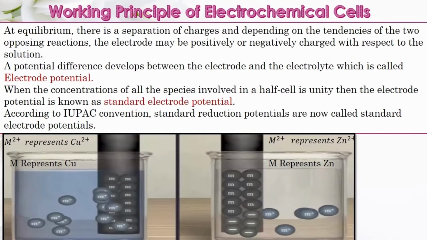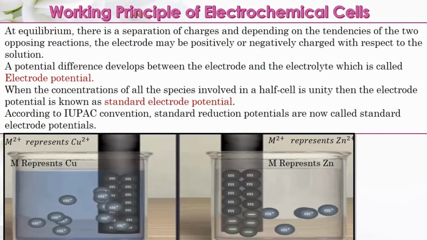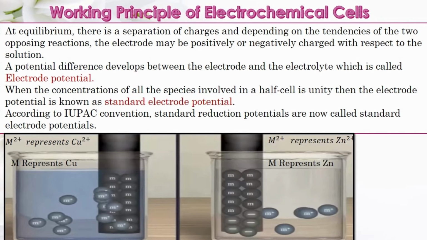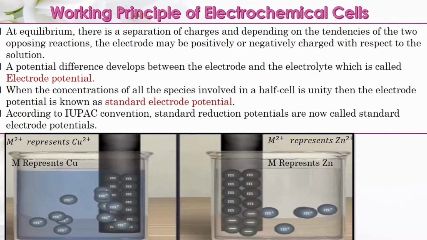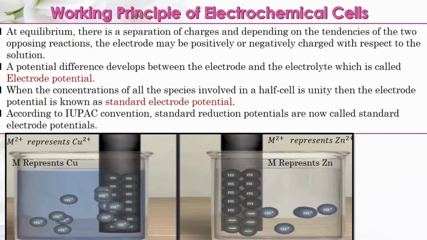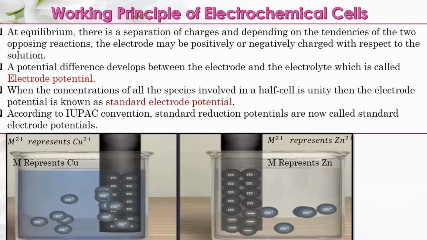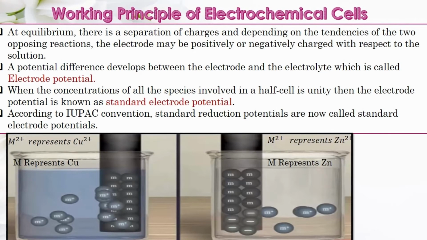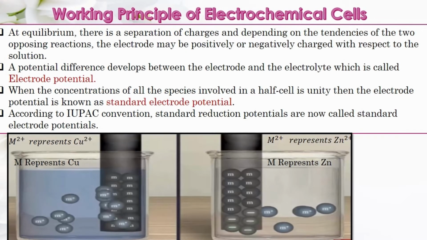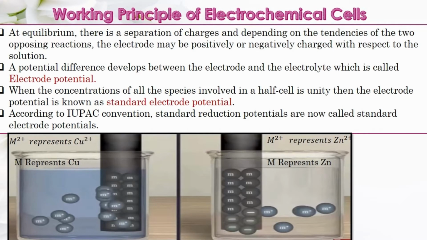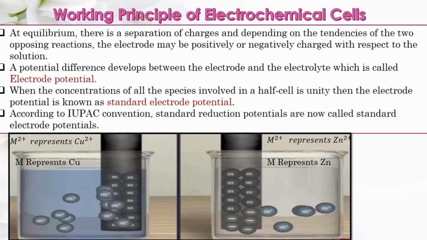When the zinc rod is dipped in zinc sulfate solution, the zinc rod dissolves in that solution. As a result, Zn2+ ions go into the solution and the two electrons of that zinc atom will be present in the electrode. So, the electrode will carry a negative charge due to the deposition of electrons, and the solution will carry a positive charge due to the increase in concentration of Zn2+ ions.